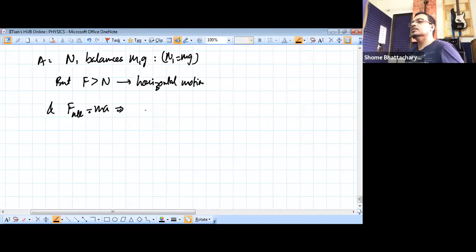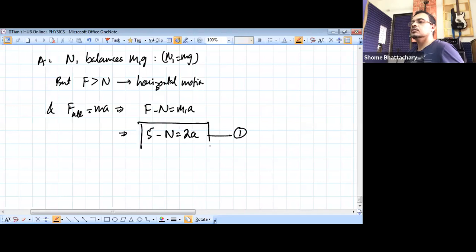That equation here becomes F minus N is equal to m1 a. F, how much was it? 5 newtons. So when we substitute this numerically, we have 5 minus N is equal to 2a. That becomes our first equation, which we got by applying Newton's second law to the block A.